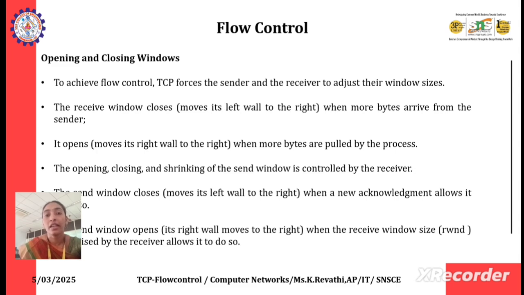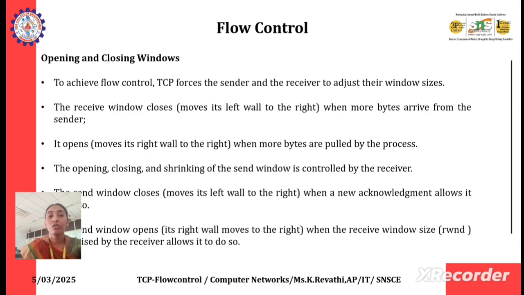Then another important mechanism here is opening and closing windows. To achieve flow control, TCP forces the sender and receiver to adjust their window sizes. The receiver window closes when more bytes arrive from the sender. It opens when more bytes are pulled by the process. The opening, closing, and shrinking of the send window is controlled by the receiver.